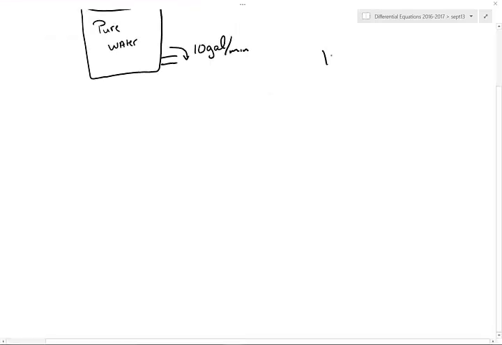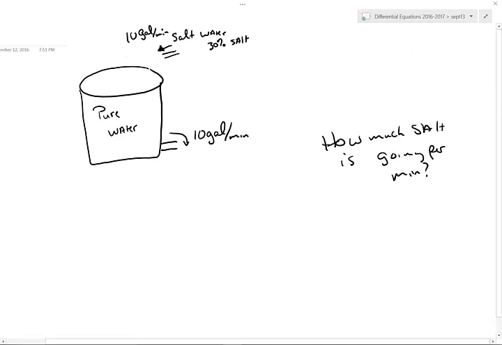So here's my question. How much salt is going in per minute? Well, it's 10 gallons per minute, and I'm going to multiply that by 30%, it's a 30% solution, right? 30% solution is going in, and of what?